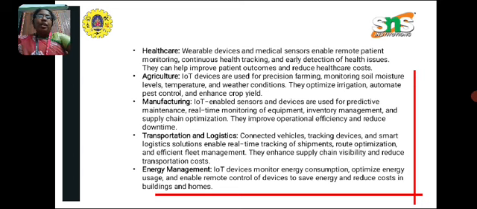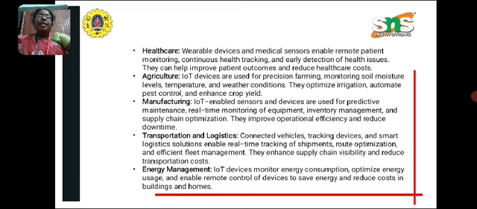In manufacturing industries, IoT-enabled sensors and devices are used for predictive maintenance, real-time monitoring of equipment, inventory management, and supply chain optimization. They can improve operational efficiency and reduce downtime. Transportation and logistics: connected vehicles, tracking devices, and smart logistics solutions enable real-time tracking of shipments, route optimization, and efficient fleet management.